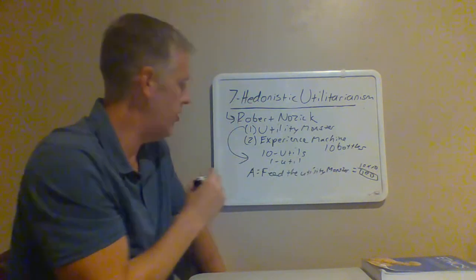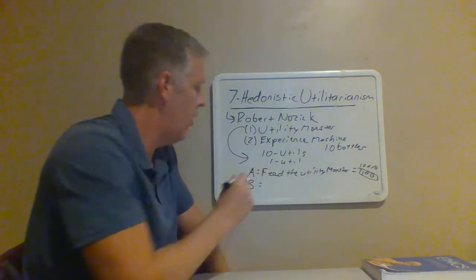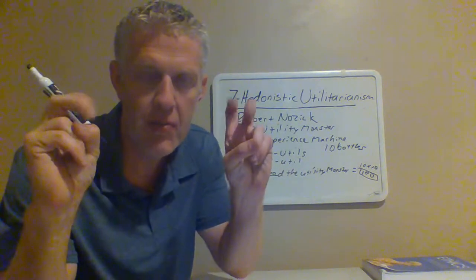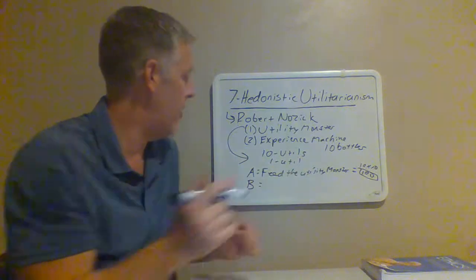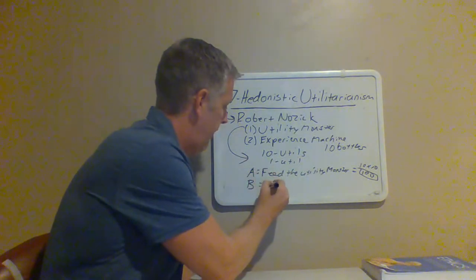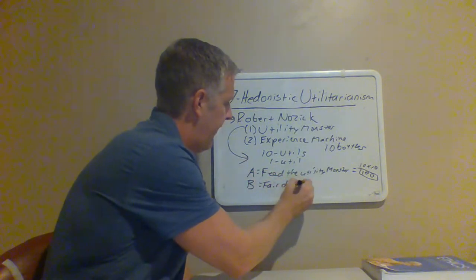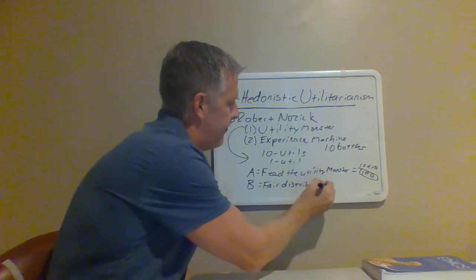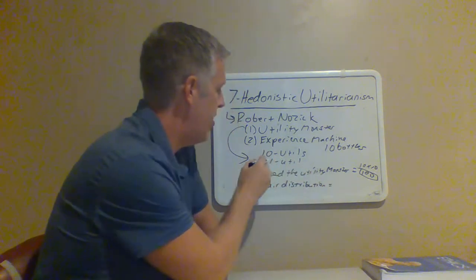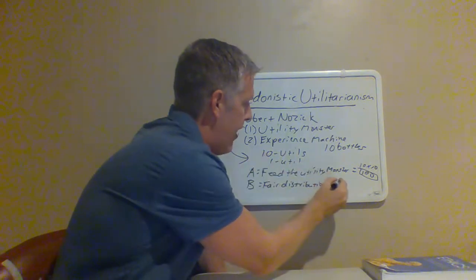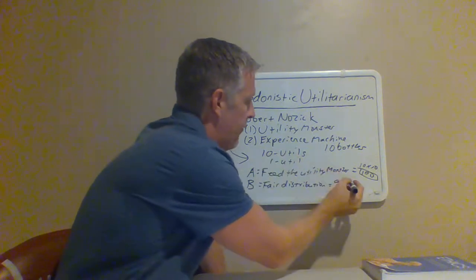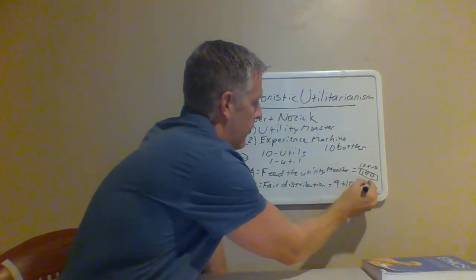We would have 100 utils. Now, what would happen if we went with a fair distribution, something along the lines of one bottle for everybody? Everybody else would get one, so there's 9 others, they would get 1 per, so that's 9, plus the 10 I would get from my 1 equals 19.